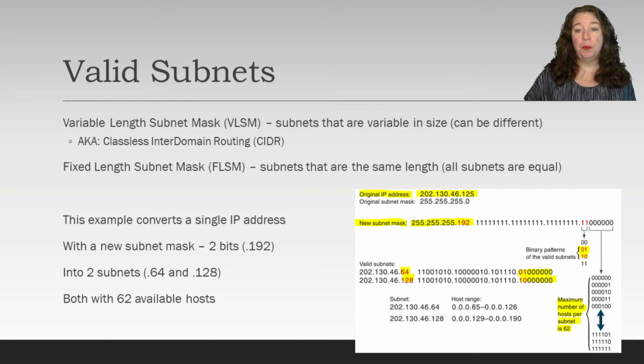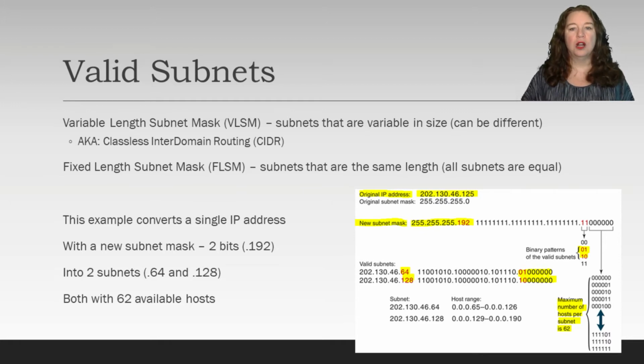So we are going to borrow 2 bits from our 4th octet. Why 2? Because 2 bits gives us 0, 1, 2, 3 as our possible patterns, but 0 and 3 are already used because those are the reserves. So we have 2 possible patterns inside. We only need 2. So we're going to do just borrowing 2 bits to give us, of those 4, 2 possible patterns for our valid subnets. In the cases of our valid subnets, we have 0, 1 and 1, 0.